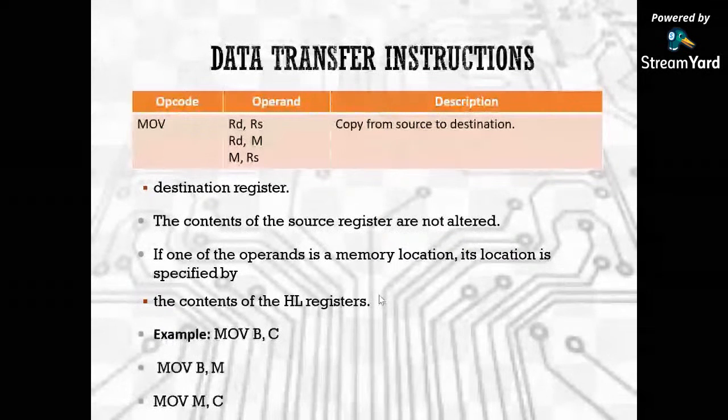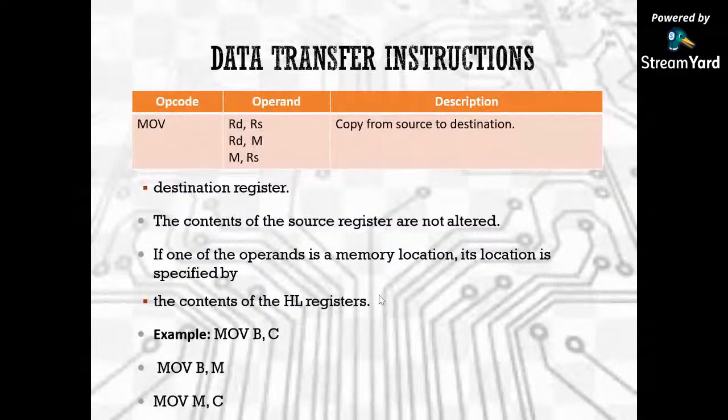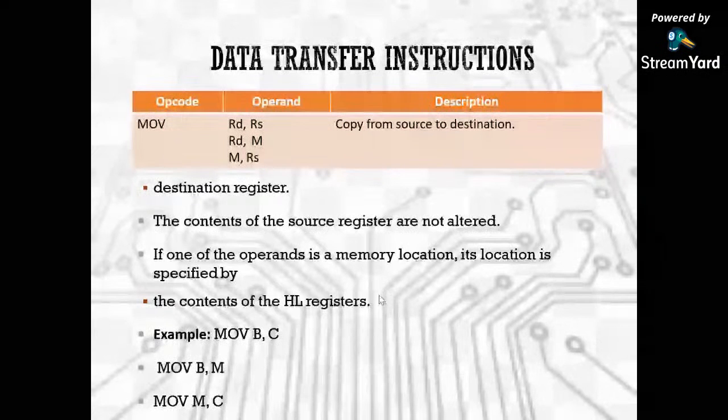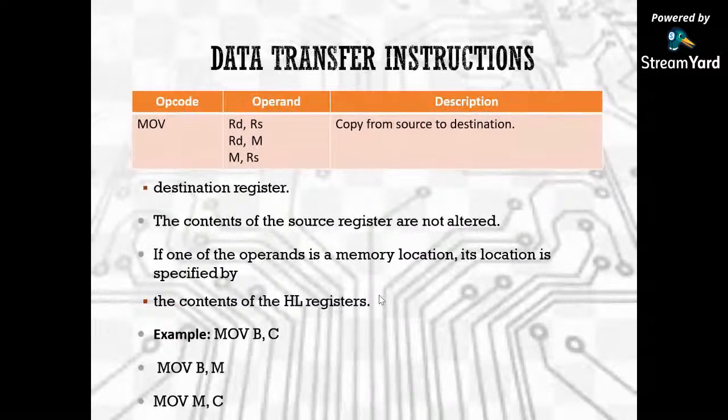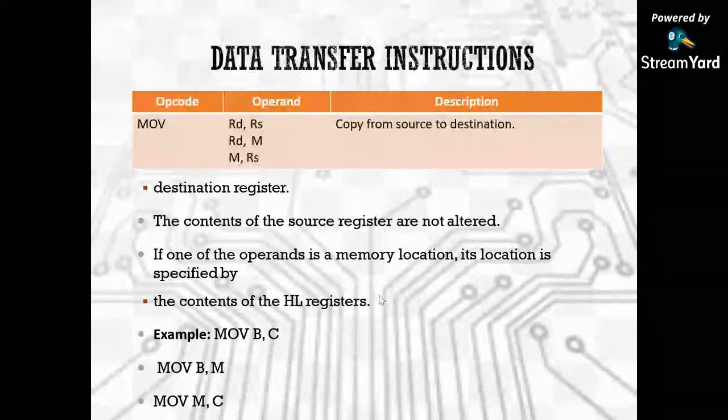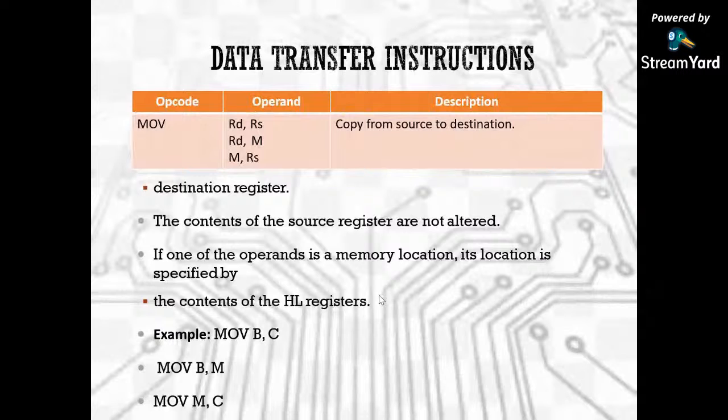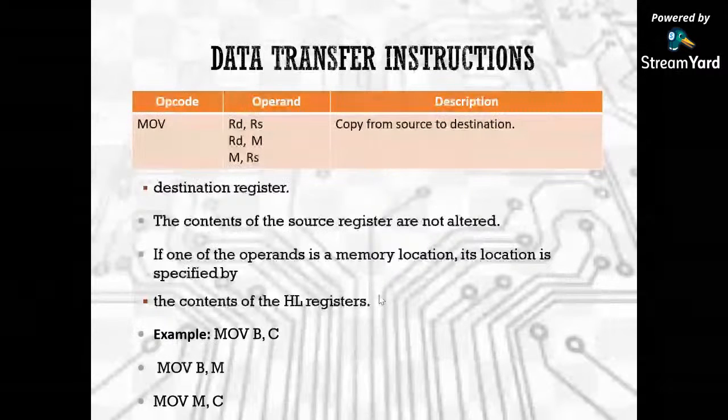For example, the MOV opcode has operands Rd, Rs, or Rd, M, where M is memory and Rs is a register. Intinya adalah copy sumber ke tujuan, dan konten sumber register itu tidak diubah, tadi sudah saya bilang.